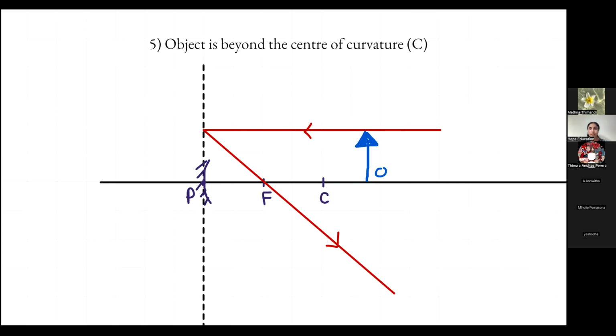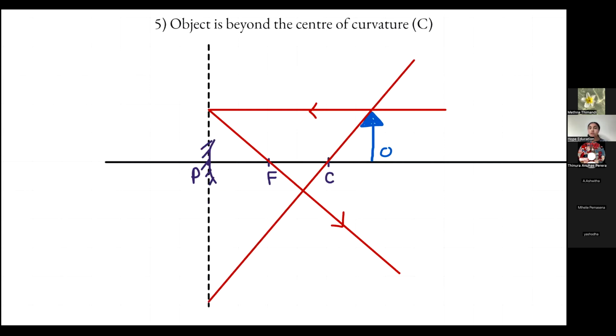Okay. I will use that one. You can use the other one too, like the ray through the focal point reflecting parallel. So I'm going to use the one through the center of curvature. Of course, the ray through the center of curvature should go through the head of the object. So something like this.